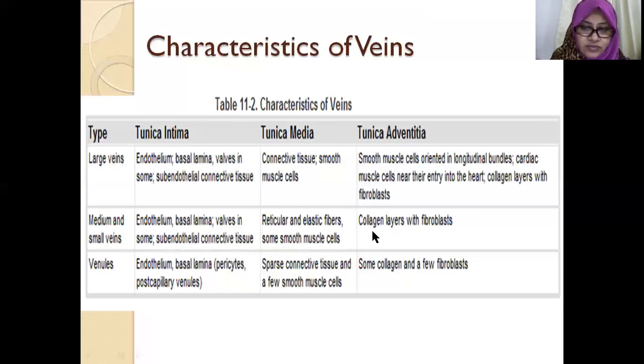In tunica adventitia, collagen layers with fibroblasts are present. In venules, tunica intima is lined by endothelium resting on basal lamina, and in tunica media, sparse connective tissue and a few smooth muscle cells are present, and in tunica adventitia, some collagen and a few fibroblasts are present.